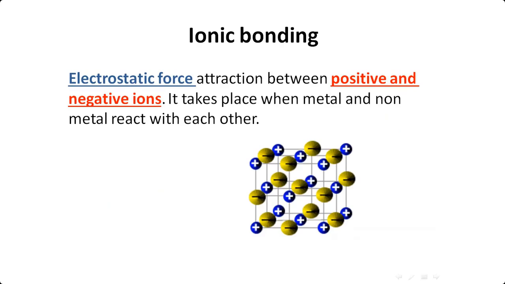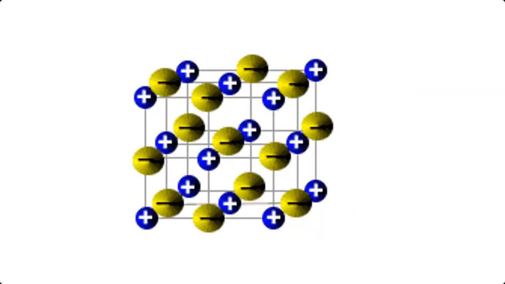And now let's define the ionic bonding. Ionic bonding is electrostatic attraction between the positive and negative ions. And you should know that this attraction is very strong. That's why all ionic compounds have high melting point and boiling point. You should know that all ionic compounds are giant structures. We're talking about millions of positive ions, millions of negative ions.